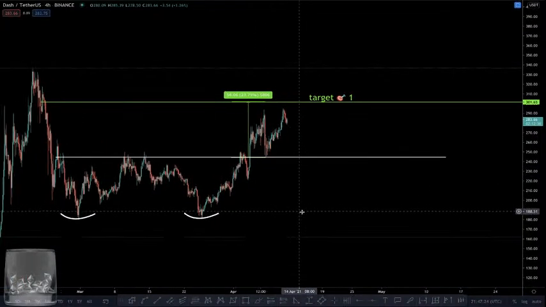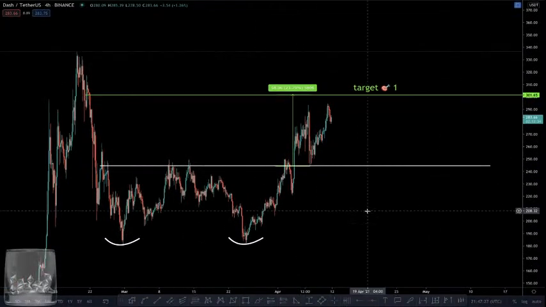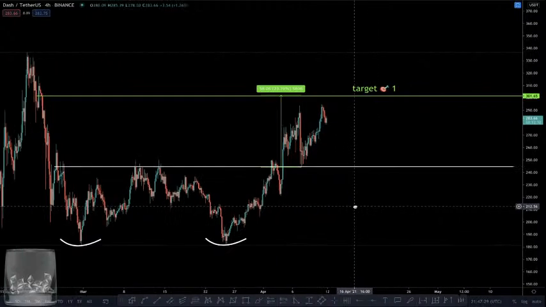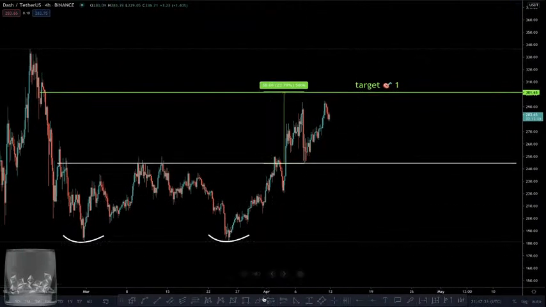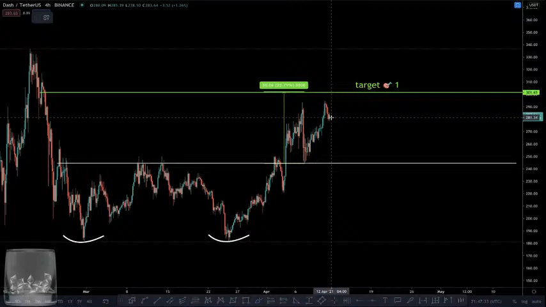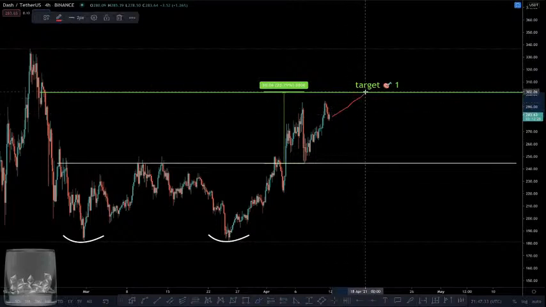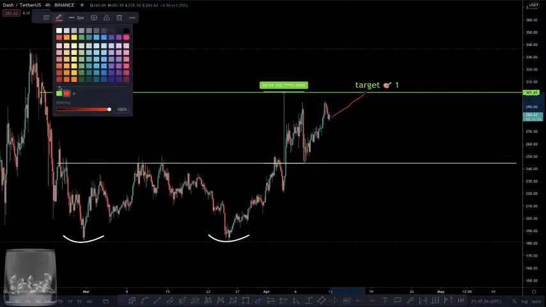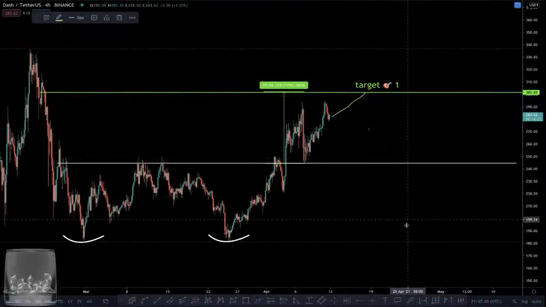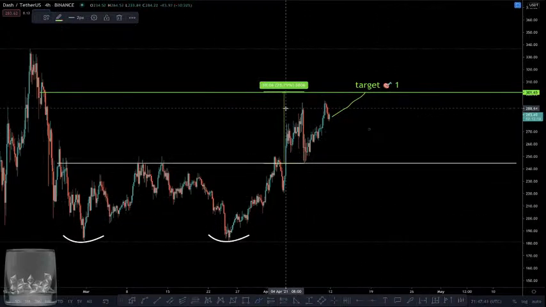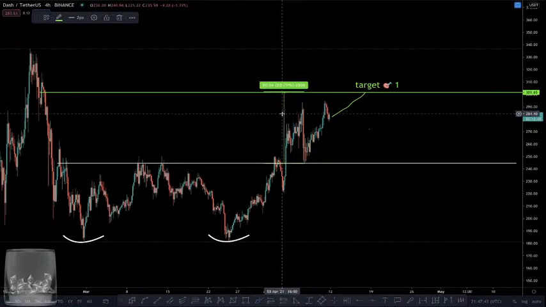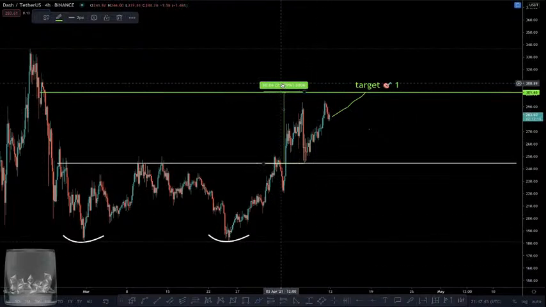Dash is approaching target 1 areas here. Again, depending on Bitcoin, but it looks like Bitcoin's going to run up a little bit here. That shows Dash has some potential room in the tank as well to hit this first target at least, right? And this target simply came from a measured move of the structure.